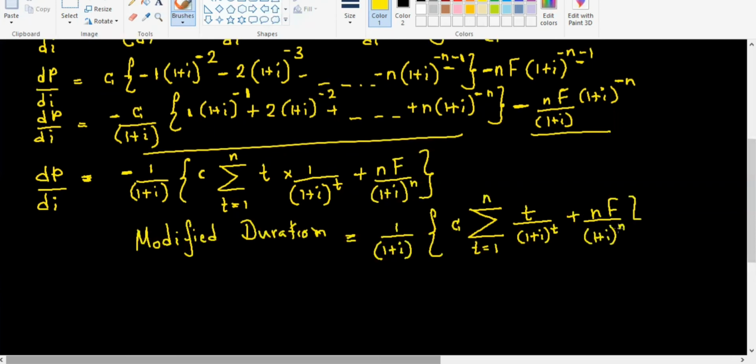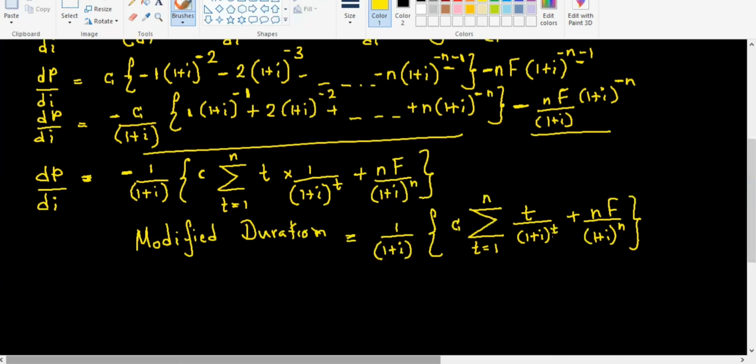This is the final payment, only applicable for the end of the period, so we can use n straight away. The other t's are getting changed. For the first payment, t is 1, for the second payment, t is 2, and likewise.